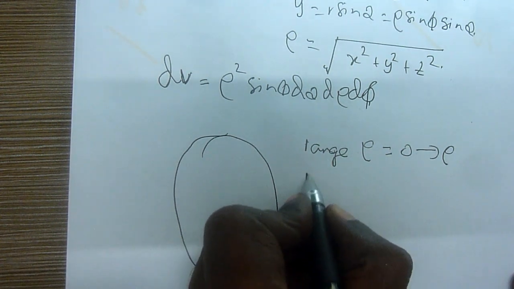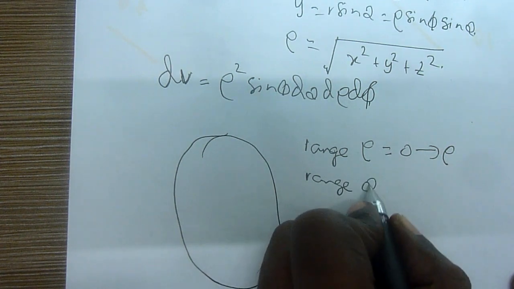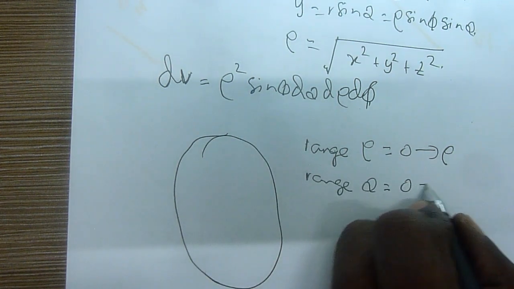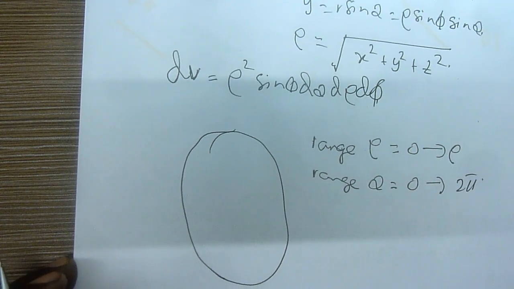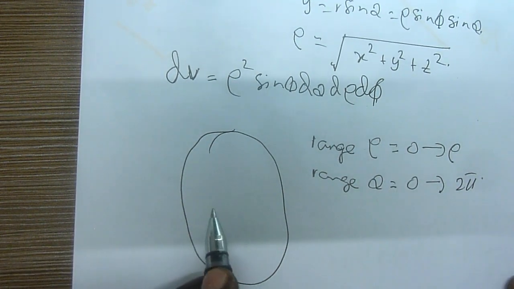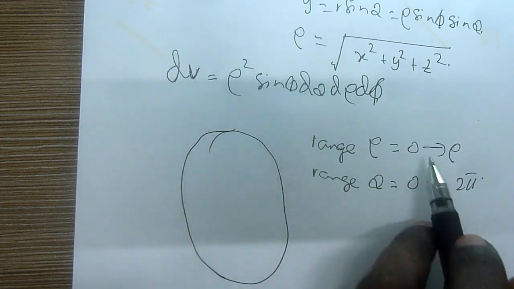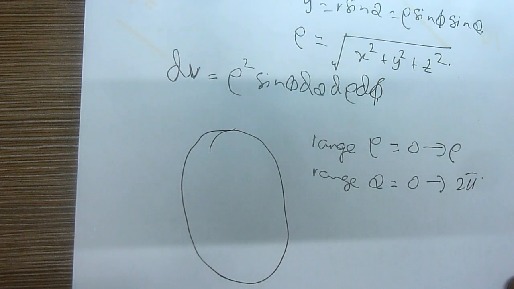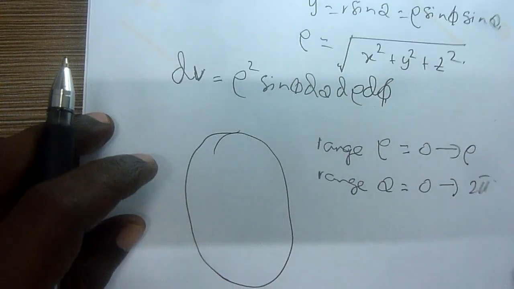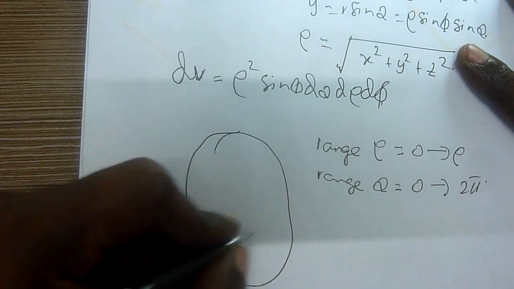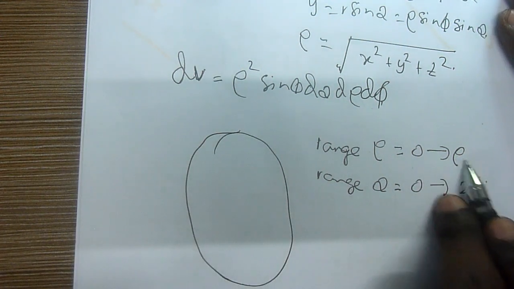The theta range will go 0 to 2 pi. Understood? When you want to create any spherical, you should use this. The rho starts from 0, because every single point goes inside.